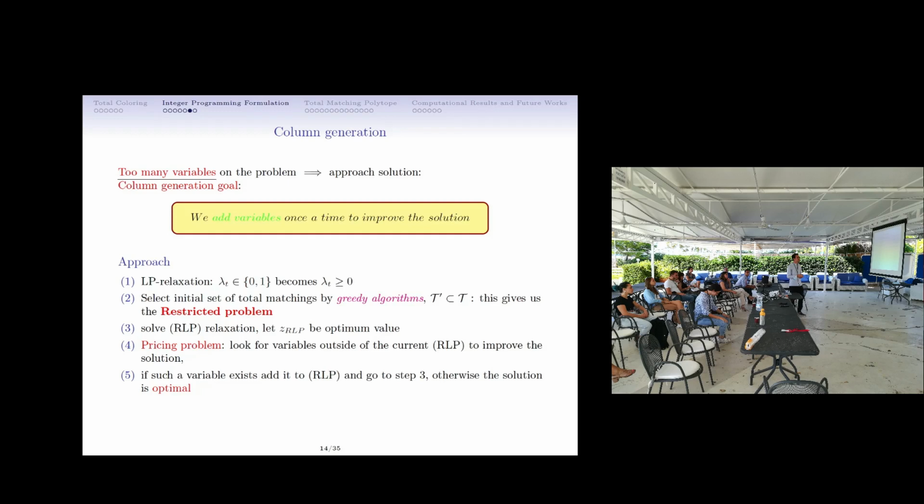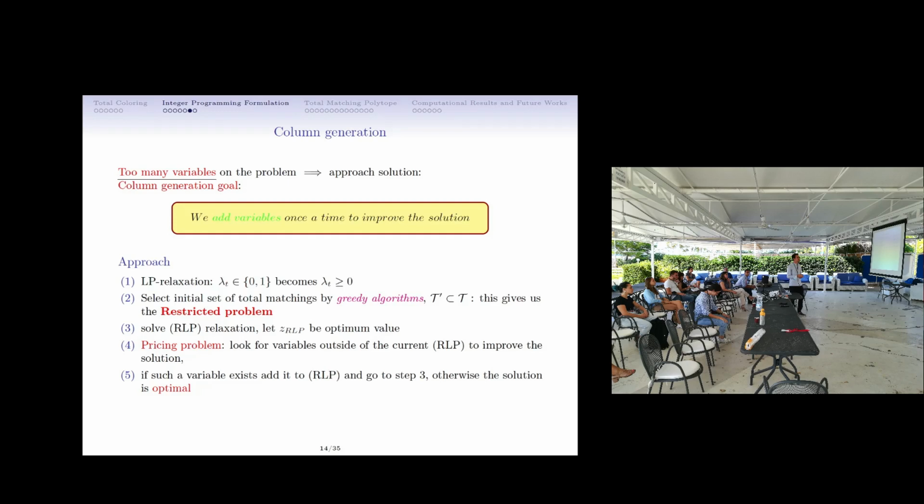First, we consider the LP relaxation, where the binary variable lambda_T becomes continuous. We have a starting point from a subset of total matchings T1 found by a greedy algorithm, which gives us the restricted master problem. We can get the optimal value of that problem.